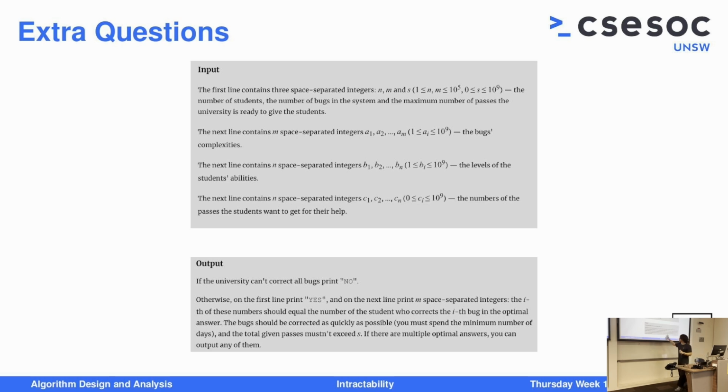This doesn't matter, but essentially what we're trying to do here is minimize the number of days, but also the number of passes given. Oftentimes when you're trying to minimize or maximize, finding the optimal of both things, what I wanted you to realize is that you can binary search on this.